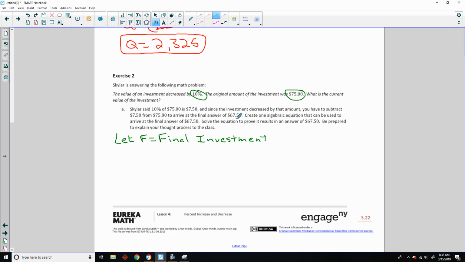Okay, and since 100% minus 10%, the 10% here equals 90%, then we can say F, the final, equals 90% times the original investment, or the whole.